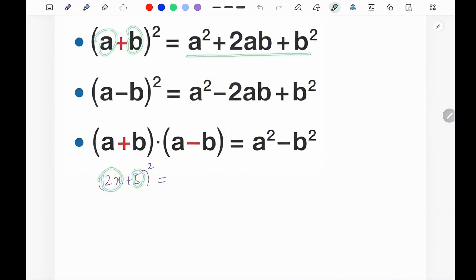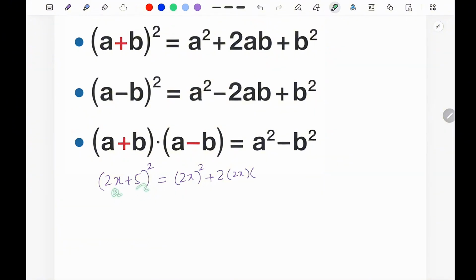But the identity is saying that you should write the square of the first term, then plus twice the product of the first and the second term, which is having the sum. So 2x is the first term. 2ab, you can see here it is 2ab, but our a now is 2x and our b now is 5.